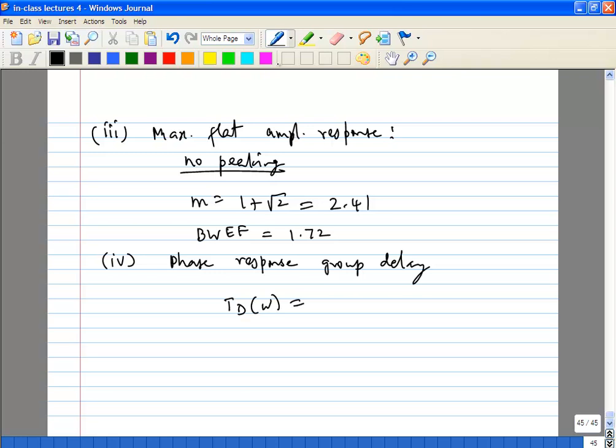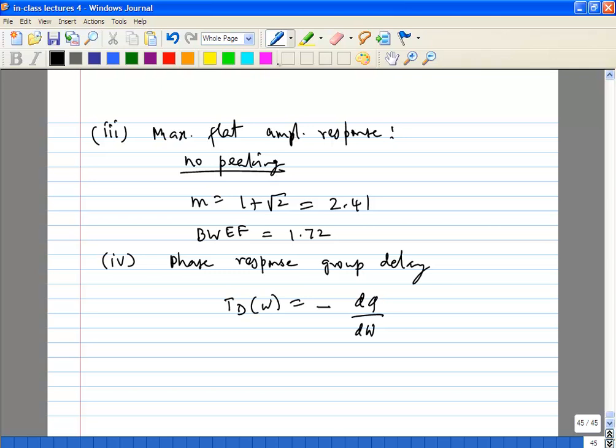So your group delay is nothing but d phi by d omega, where phi is the phase. Again, you are going to do similar. So what you are going to do is maximize the number of derivatives that have a value of 0 at DC.